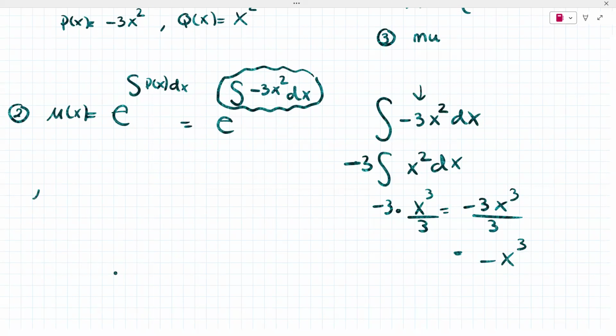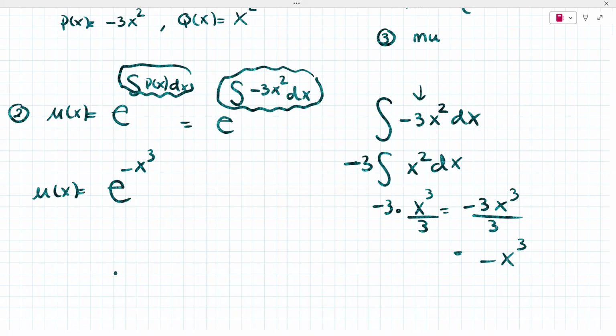Okay, so your mu(x) is going to be e to the, and we just found out what this is, the integral of p(x) dx is negative x cubed. I will not put the plus C yet. You put the plus C on at the very end on the right-hand side.